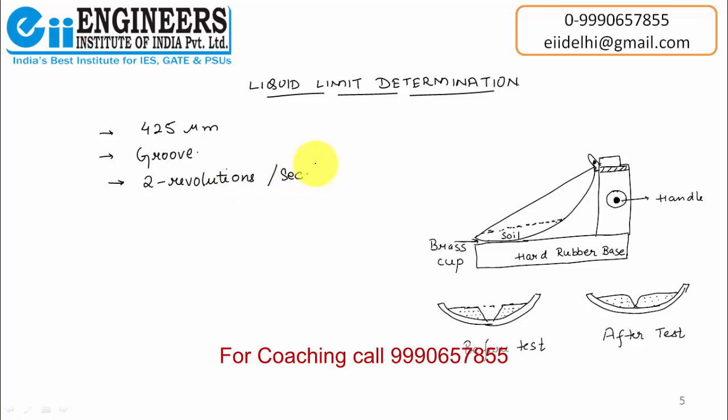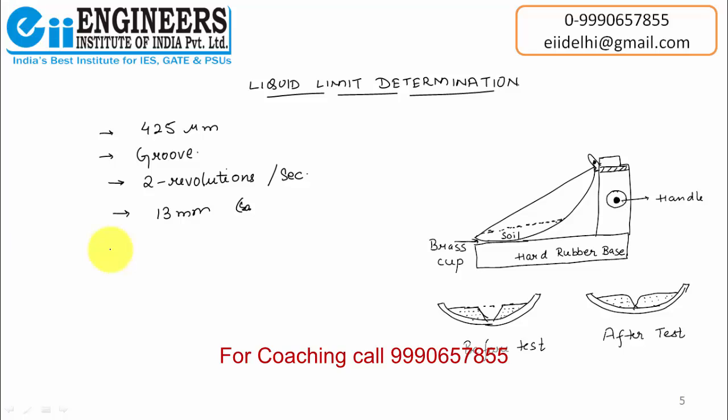And the number of blows are counted until these 2 parts of the soil sample come in contact at the bottom for about 13 mm. So we give the number of blows to the soil sample and we count those number of blows. The number of blows for which these 2 soil samples come closer at the base for about 13 mm distance, those number of blows we write down.